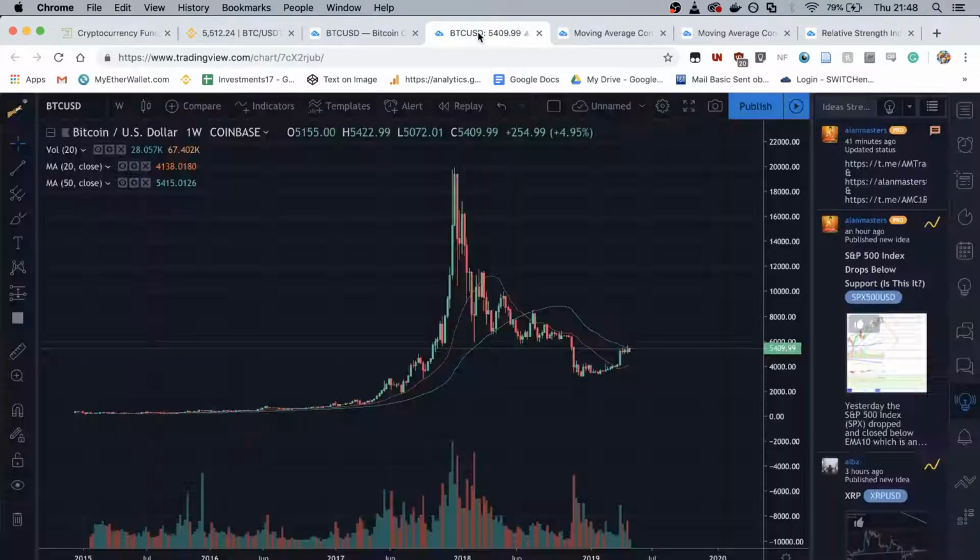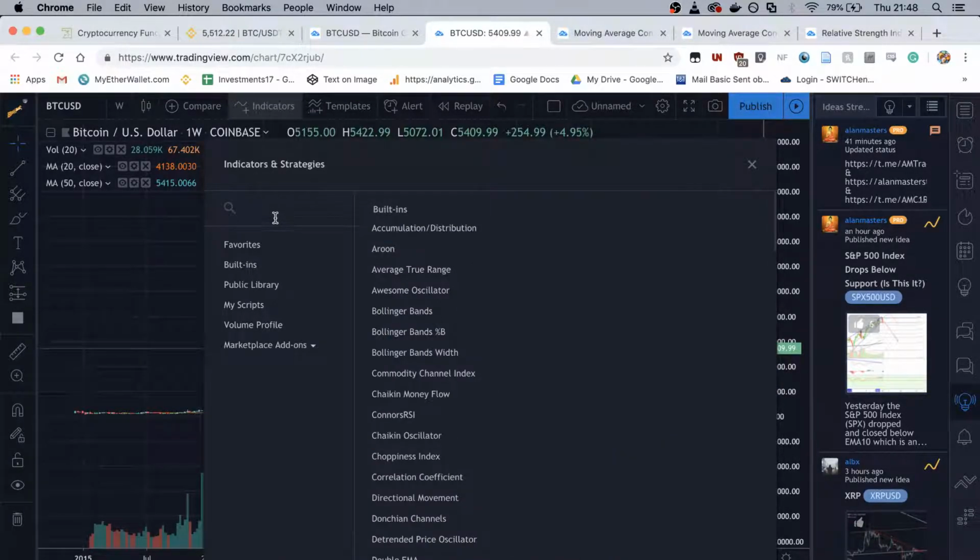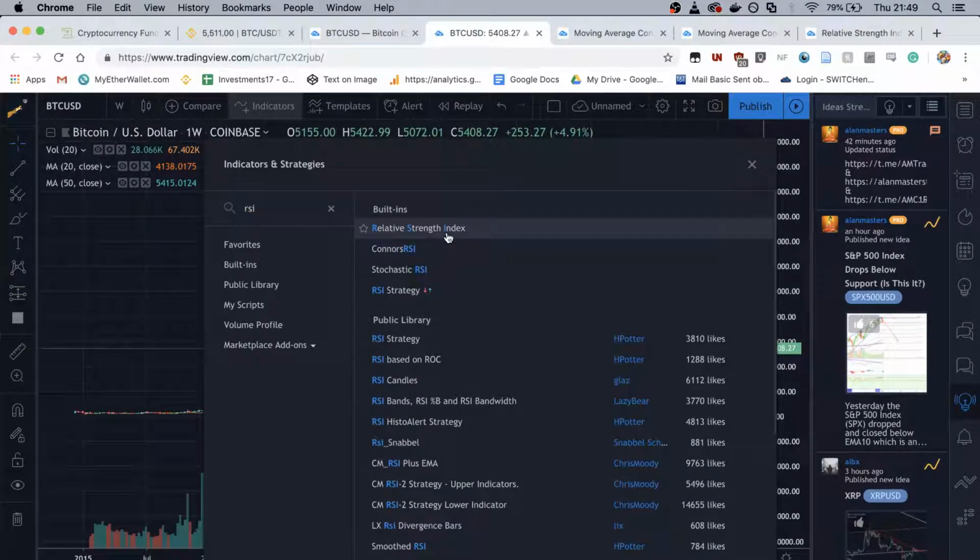That's why I like it a lot. There are also quite a few hidden aspects to this indicator that people might not be aware of, especially new traders. So let's install this indicator on our TradingView site. Let's see, RSI, Relative Strength Index.